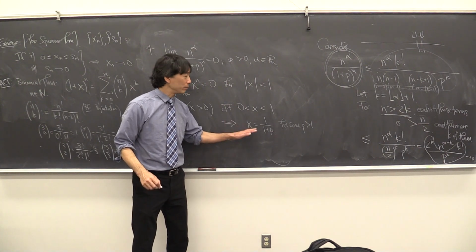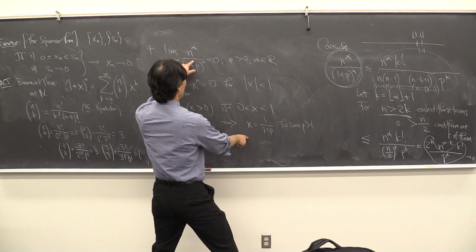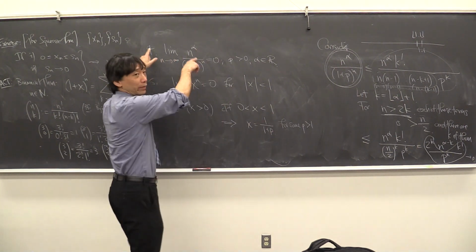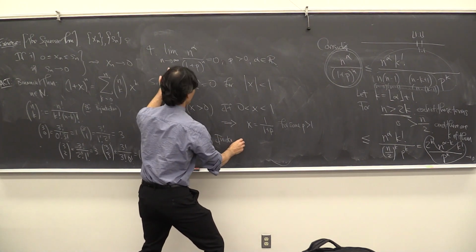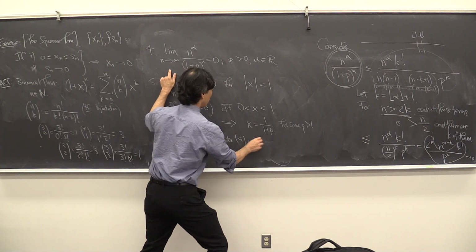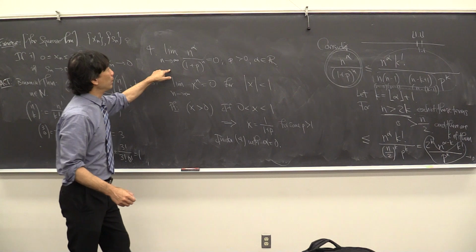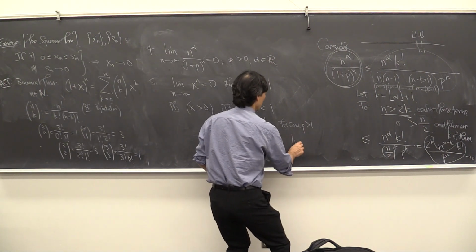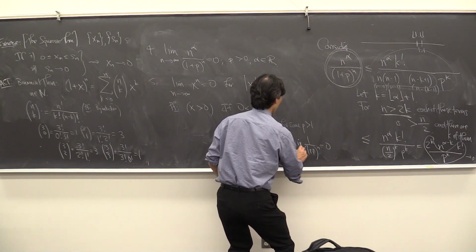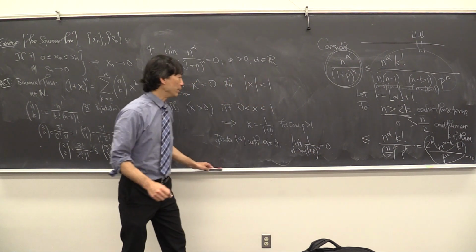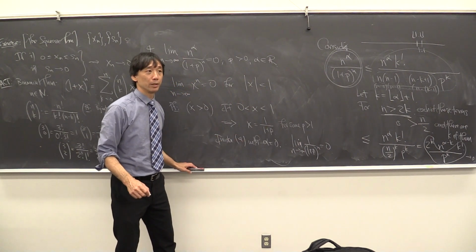But then you just invoke the previous one. So invoke 4 with alpha being 0. That says that the limit of 1 over 1 plus p to the n is 0 as n goes to infinity. But that's the limit of x to the n.